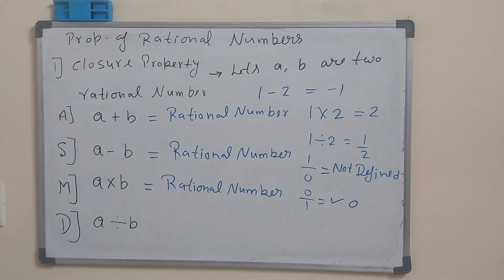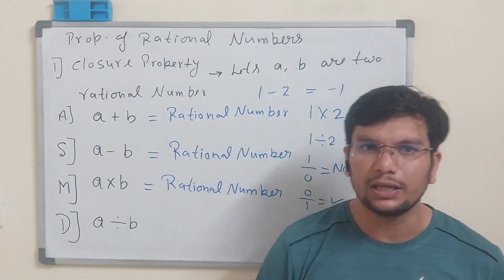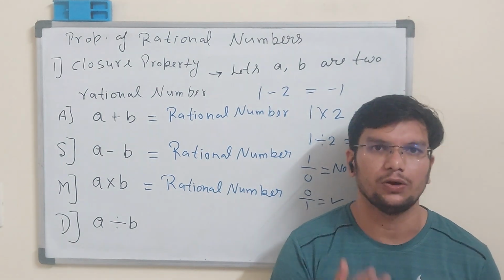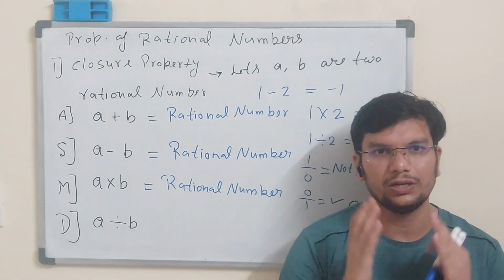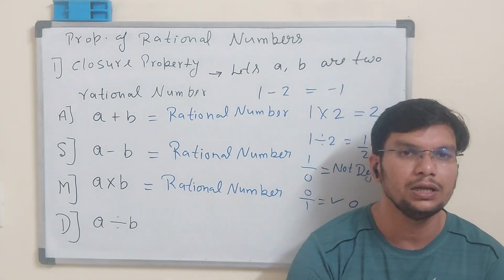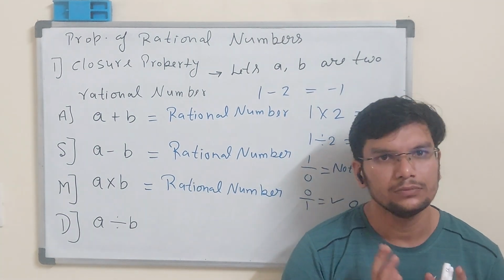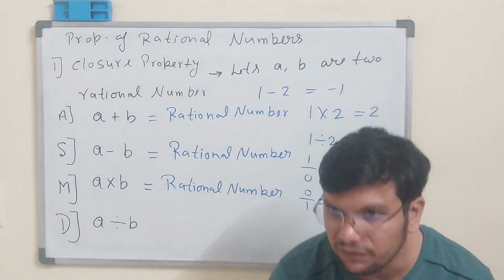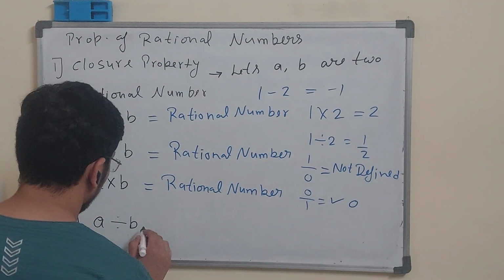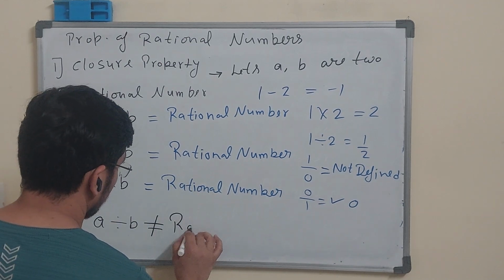But if the 0 value is in the denominator, that number is not defined. So we will say that if you divide, you will not get a rational number.